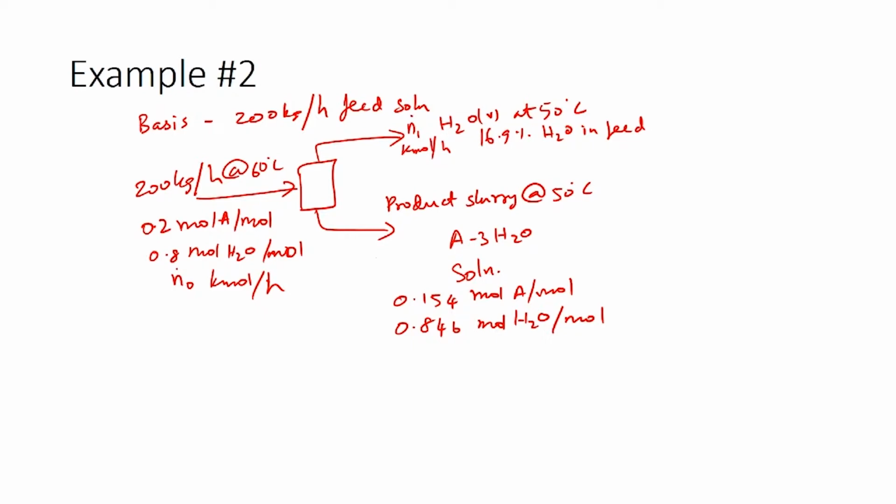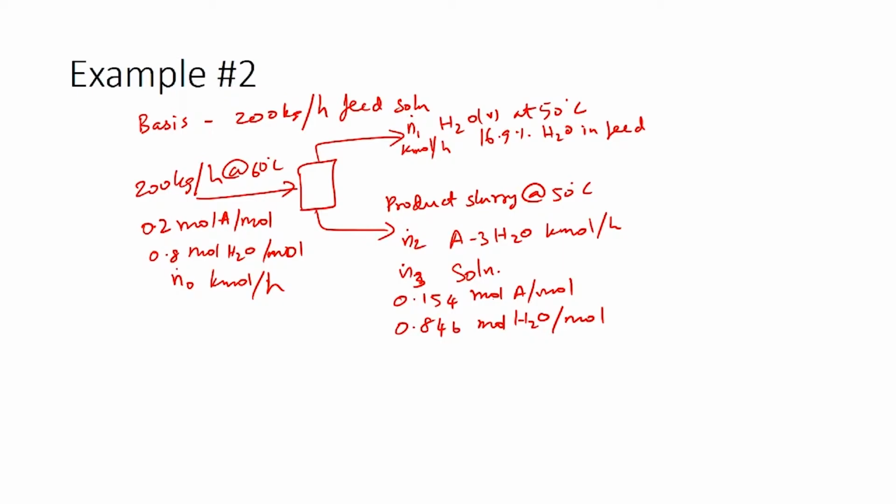We will also have N2 dot kilomoles of the trihydrate crystals leaving, and we will have this solution as N3 dot. We need to calculate all these parameters, which we can do by using simple material balances.